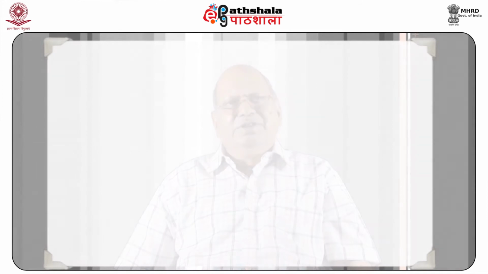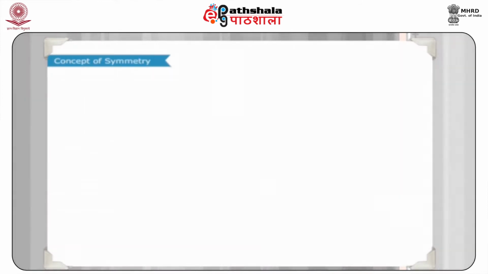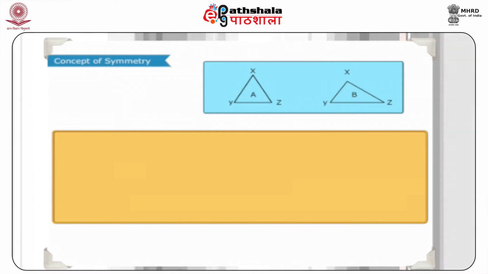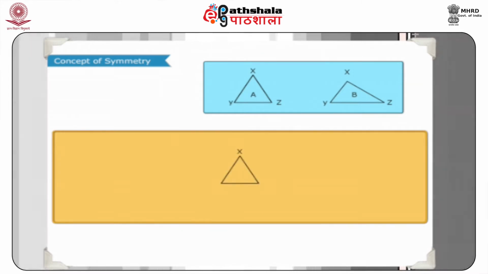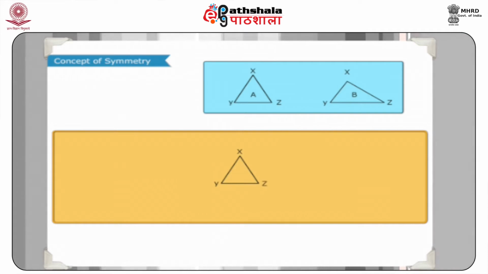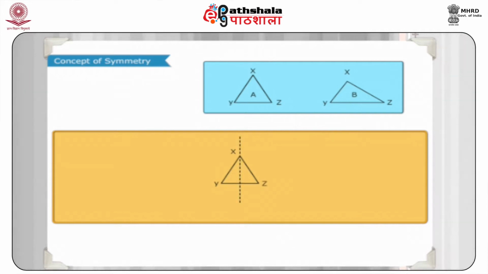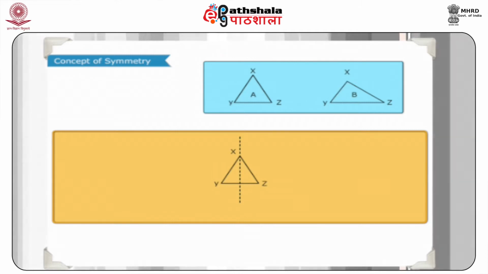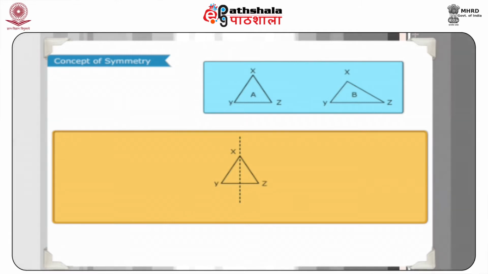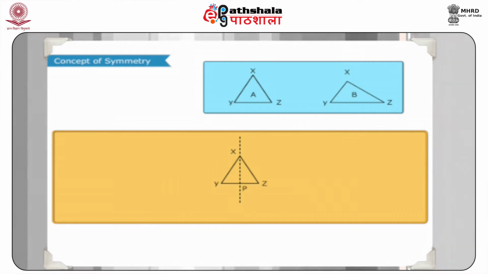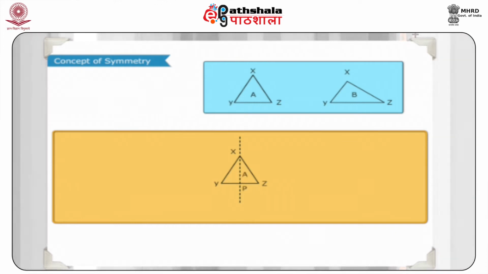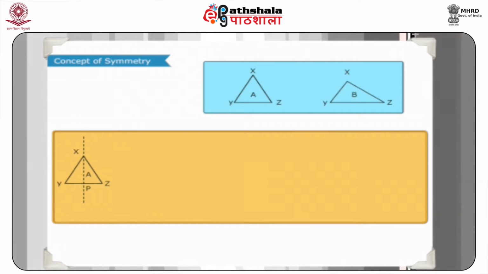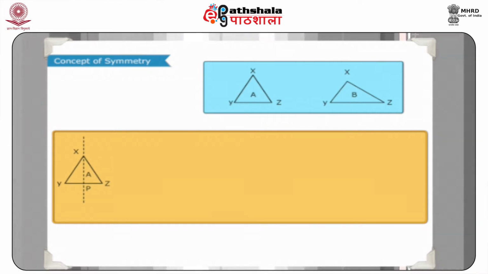For example, to understand the concept of symmetry, we can examine the figures shown. First, we label the corners of triangles as X, Y, and Z, and then a dotted line is drawn in the plane of the paper through the vertex X such that it bisects the side YZ at P. In triangle A, the triangles XZP and XPY are equivalent to each other.